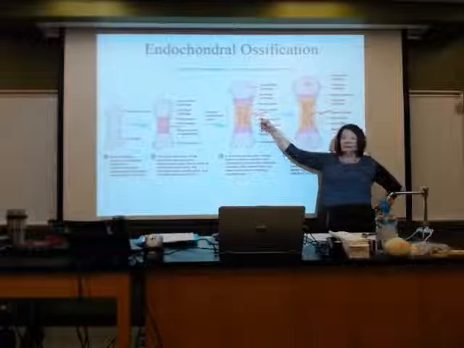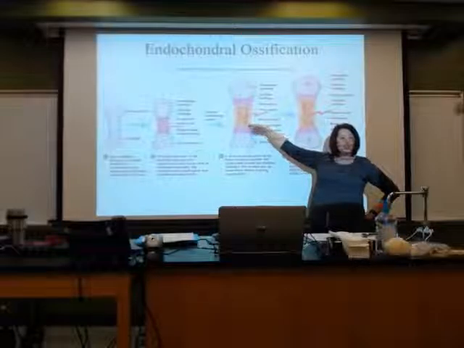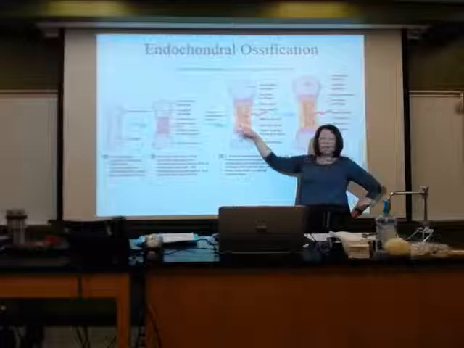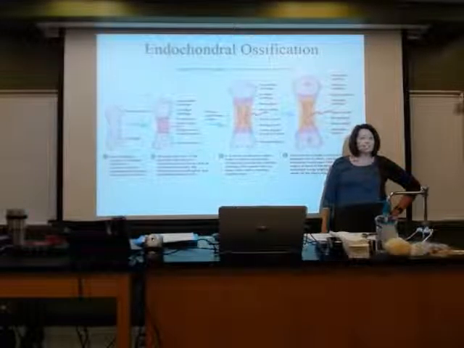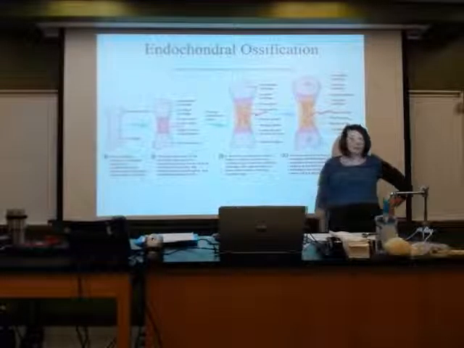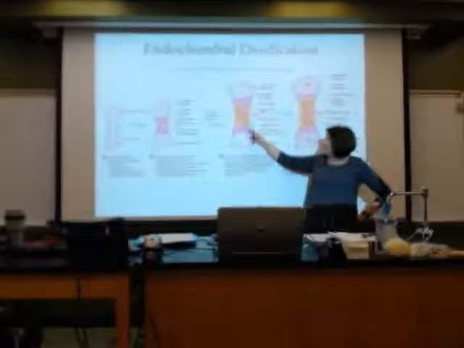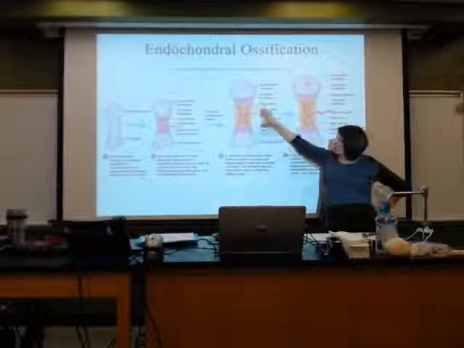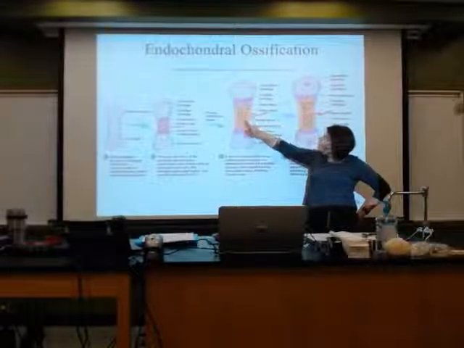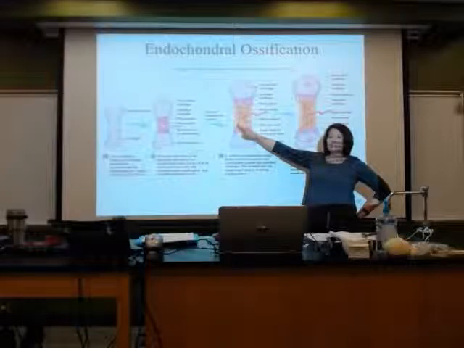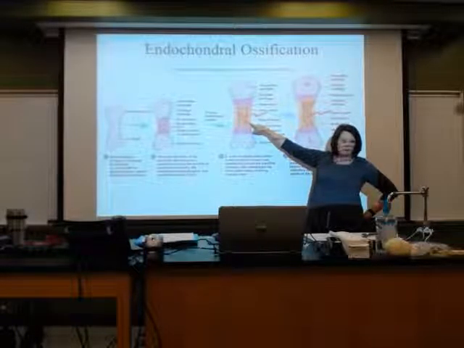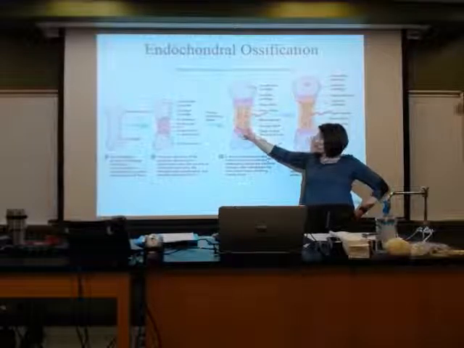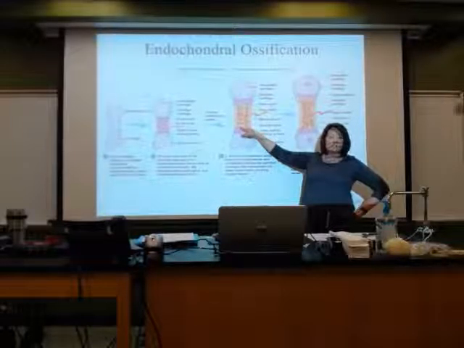All right, looks like that blood vessel is continuing to invade. That blood vessel is beginning to branch out and spread throughout that tissue. Bone, all right, we've got some really good compact bone showing up. This is now termed our primary ossification center, because we have taken that area that was cartilage, affected those cartilage cells.